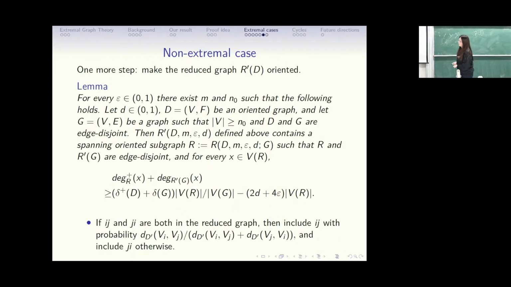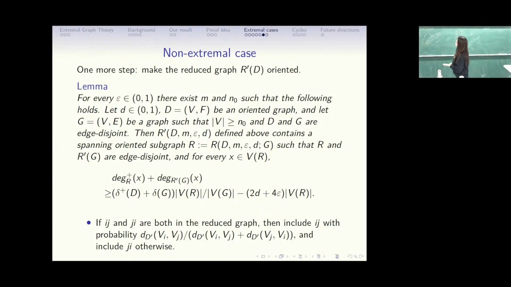With this adjustment, I can still make sure that the alt degree in this reduced graph, where alt degree means alt edges plus double edges, is still roughly half of the number of vertices minus an error term.